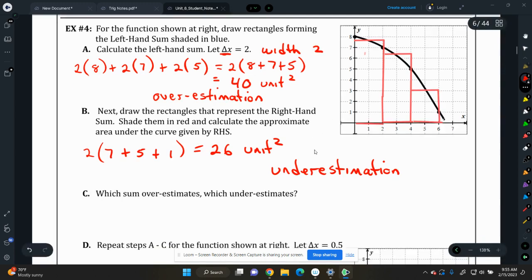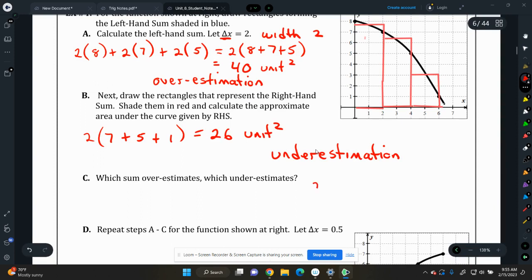So let me just do this down here. We still have each rectangle has a width of 2, but now let's look at the height. Now the height is coming from the point in the middle of the rectangle. So it would be where x equals 1. This looks like maybe 7.5.